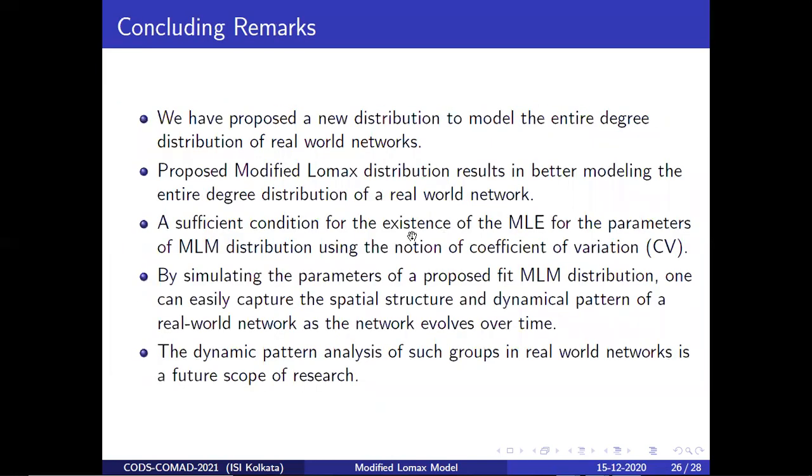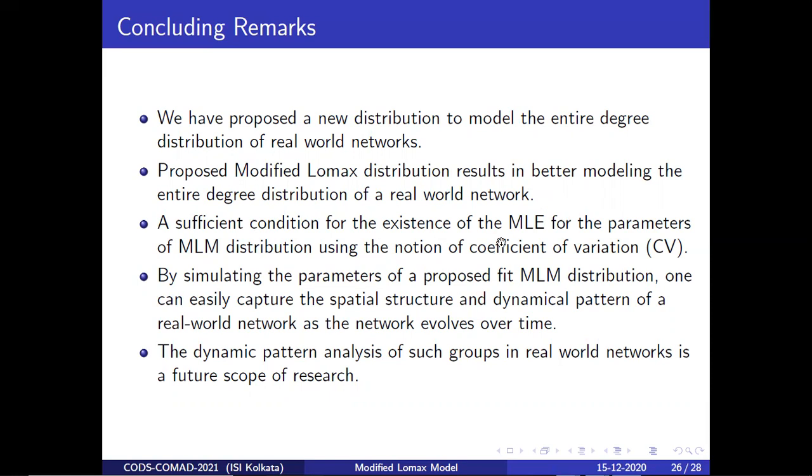Now, we provide some concluding remarks based on this work. We have proposed a new distribution to model the entire degree distribution of real-world complex networks which are heavy tailed. Our proposed degree distribution, that is the modified Lomax model, results in better modeling of the entire degree distribution of real-world networks.